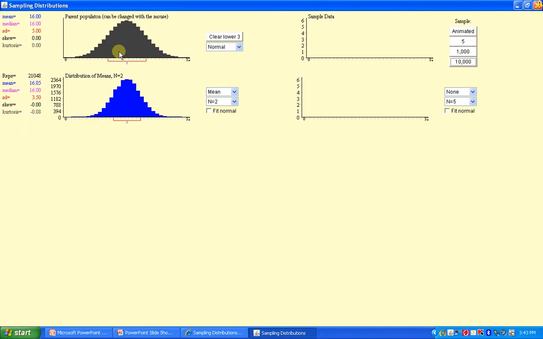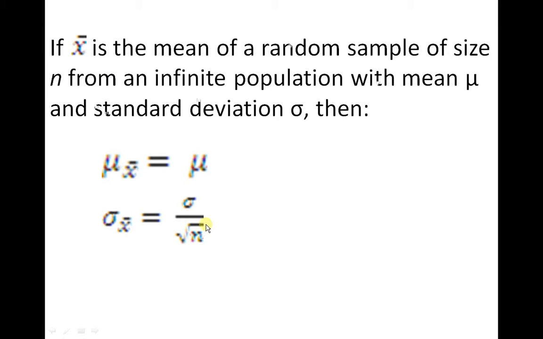Back to this. Notice you can tell that there's less variation in this distribution, so the standard deviation of the population is going to be higher than the standard deviation here. We can see that: 5 divided by 3.5. Go back to the formula.